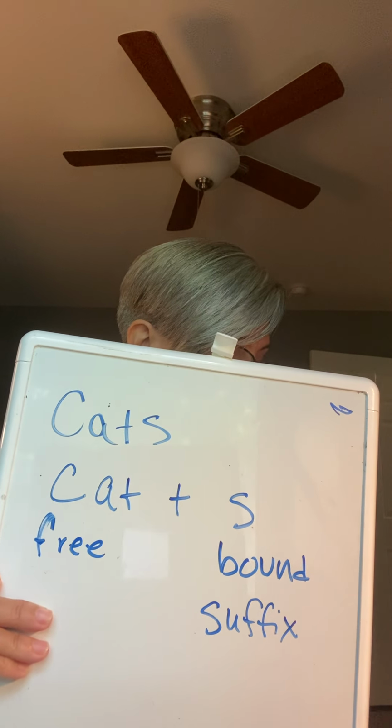The last part of this: is the affix inflectional or derivational? So this is probably new for you. Derivational suffixes or prefixes change the meaning of the word, right? So I can have sleep and sleepy, right? Sleep is a noun, it's a thing, and sleepy is the adjective that's associated with the thing. That's derivational. Inflectional changes the grammar of the word. It changes what it's doing in the sentence.